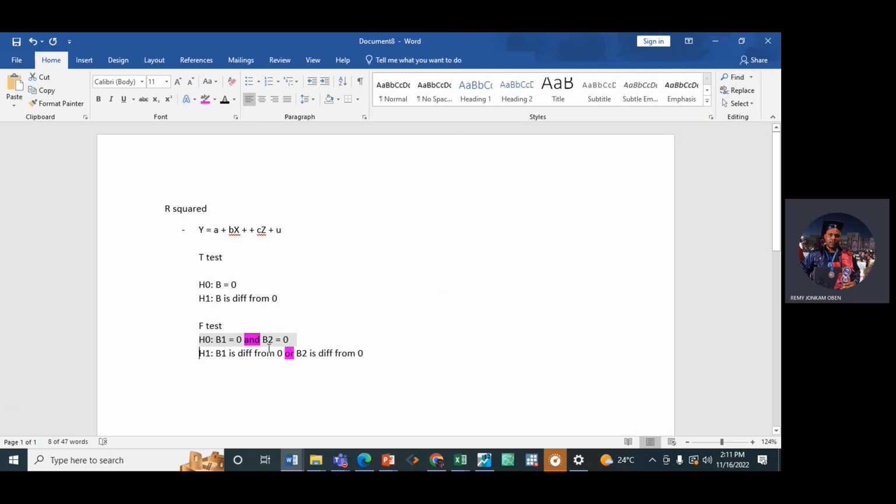For the alternative hypothesis, it's telling you that at least one of them is significant. So if you reject the null and you accept the alternative, then you conclude that the model is a good model. The model fits the data well because the coefficients are jointly significant.